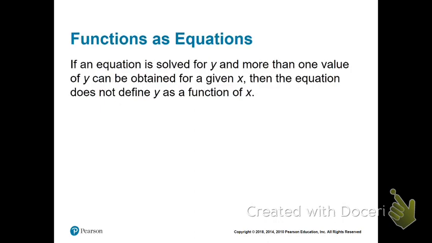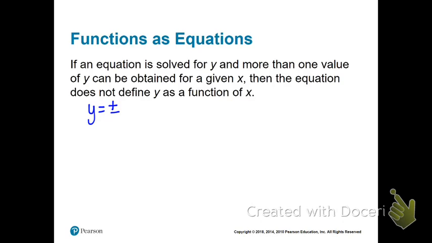Now, if an equation is solved for y and more than one value of y can be obtained for a given x, then the equation does not define y as a function of x. And so normally when we look at equations, we try to solve for y, and we can do that here. But the thing is we're looking for where y is going to have more than one solution. So where we're going to have y equal to something that's positive and negative.